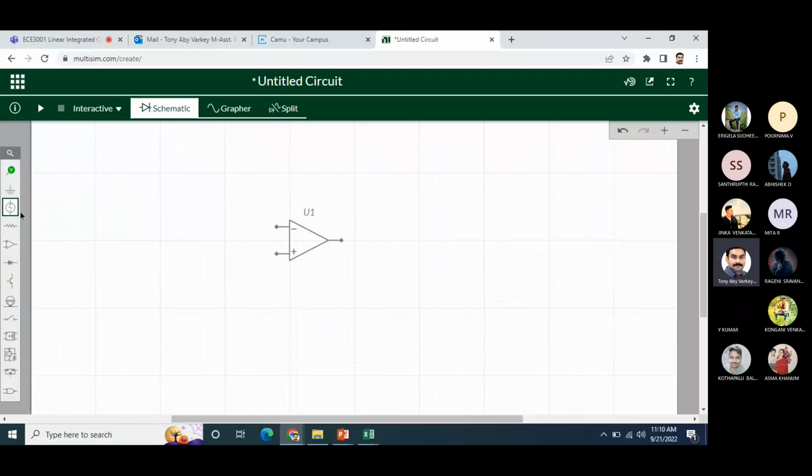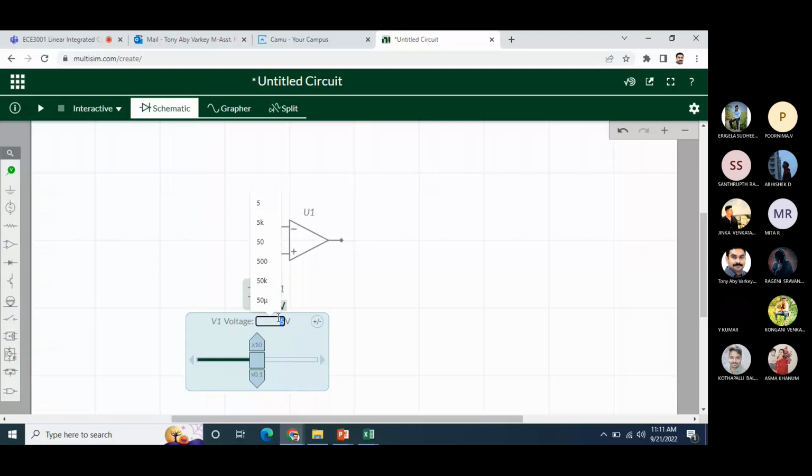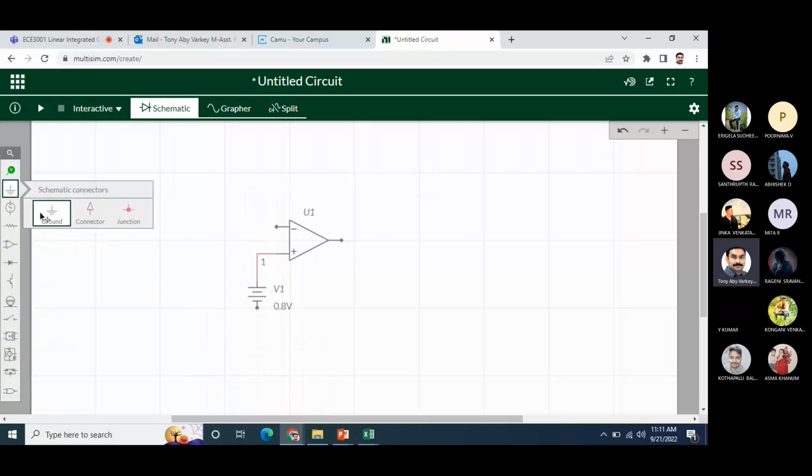Now first let us connect one small DC signal and see. I'm connecting it to the non-inverting input terminal. 0.8 volt I'll give, that is what it was in our question.